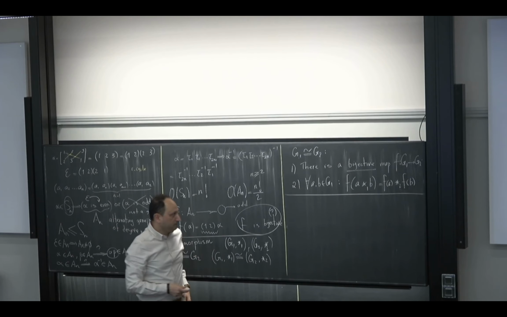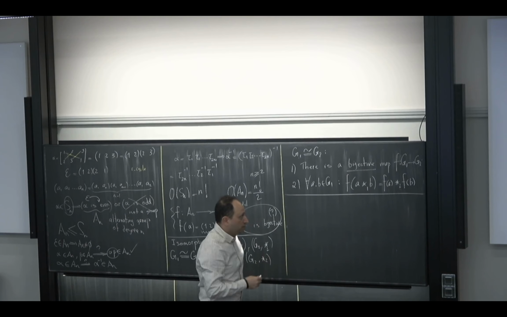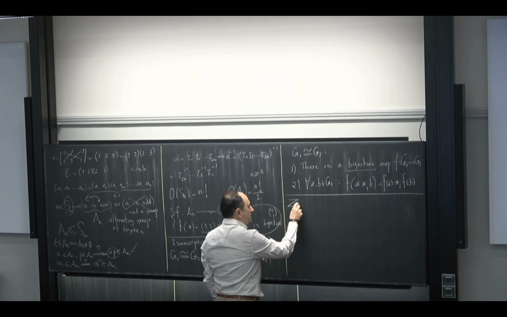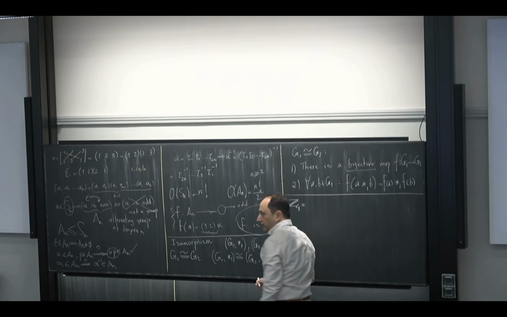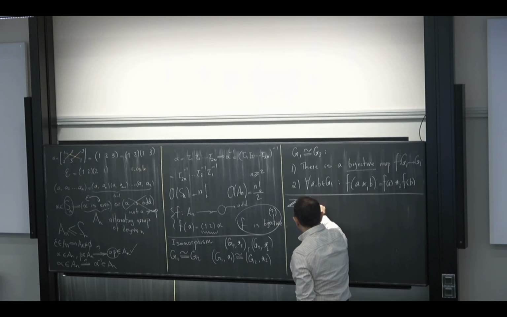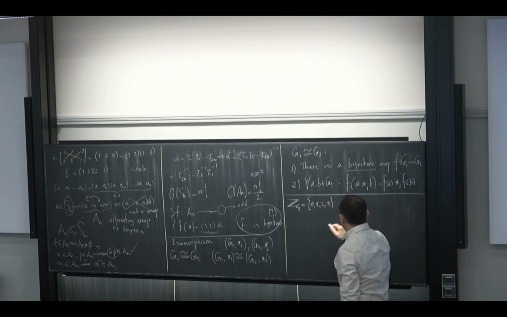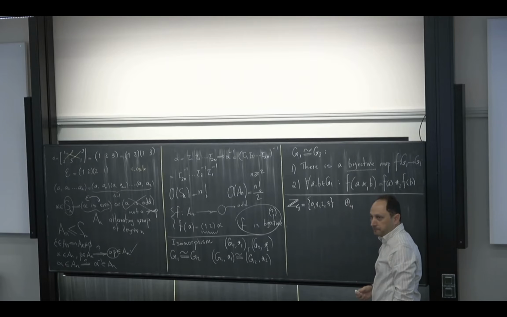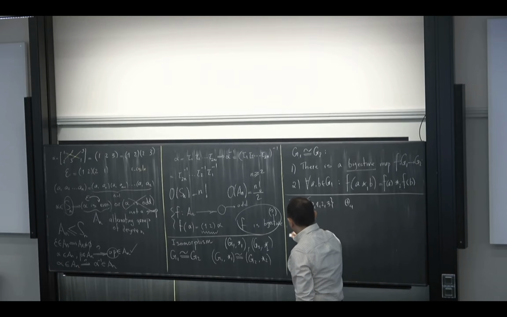So for example, I want to give you an example here. Let me write Z4. Do you remember what Z4 is? Z4 is the group 0, 1, 2, 3. And what was the operation? The operation was adding modulo 4. This is a group. And do you remember the other group, which is also famous for us now?